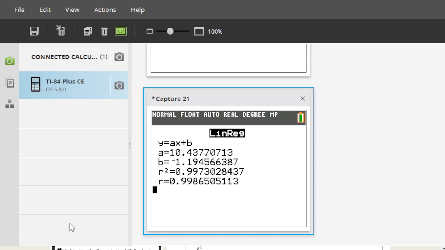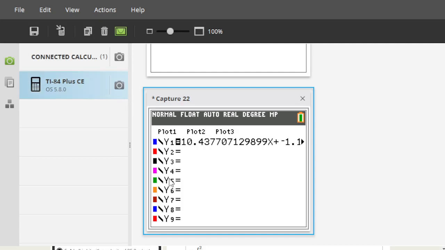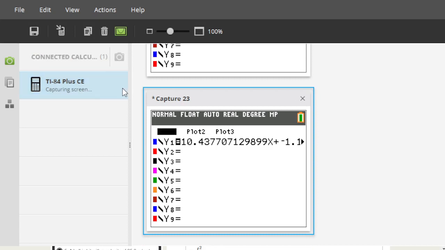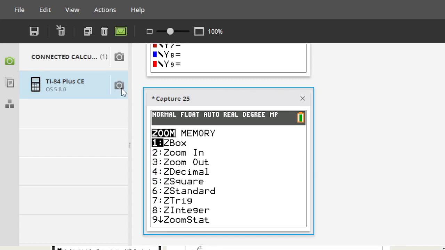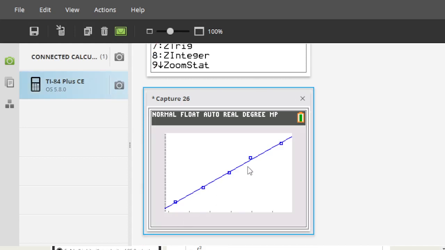We may also want to come to our plot. Notice that it's populated with that graph. We can push up, turn on Plot 1, so that we know that our data points are there. We hit our Zoom menu. Option number 9 will zoom to our statistics. And this does look like a straight line.